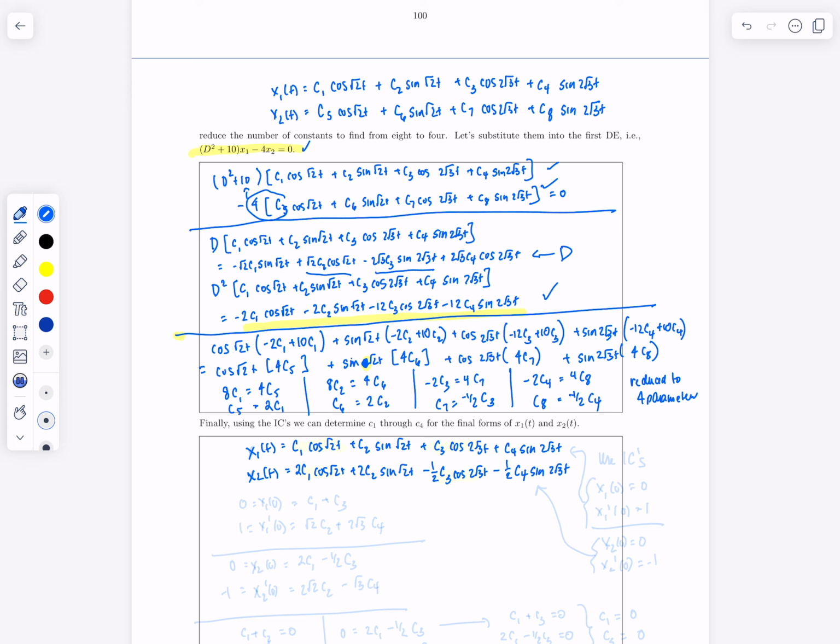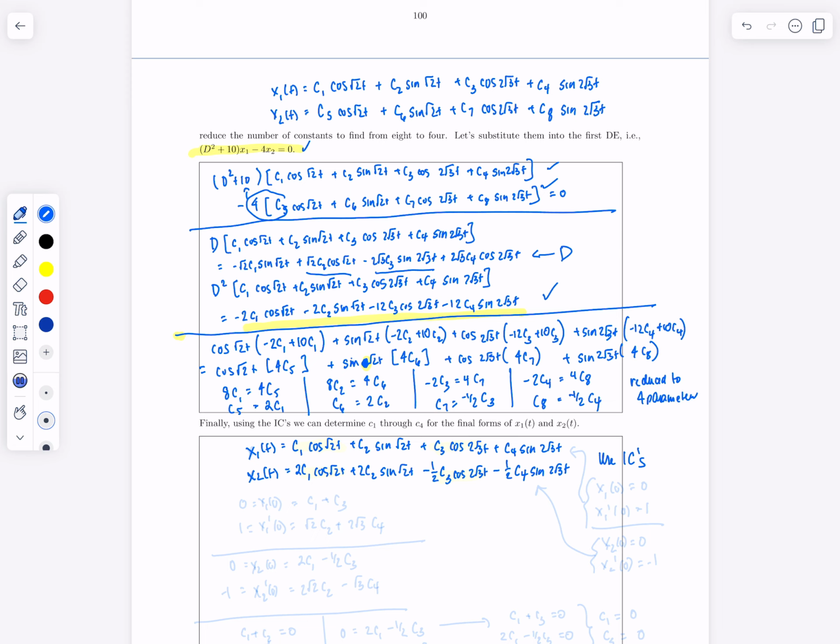So we have shown that the displacement functions for each of those masses are given by these expansions with sine and cosine, but all we need are 4 parameters. How do we determine those 4 parameters? We use our initial conditions, and those had to be given to us.